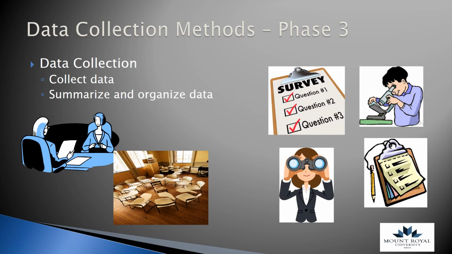And then I just threw the little picture of the lady with the binoculars in because sometimes in both qual and quant, we might incorporate observation where the researcher or the research assistant sits off aside from the participants and observes them.